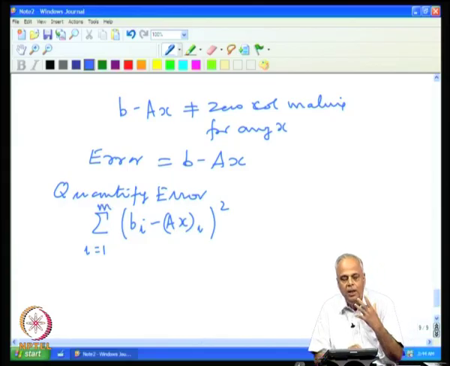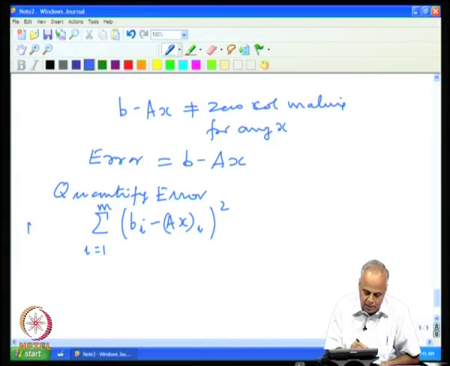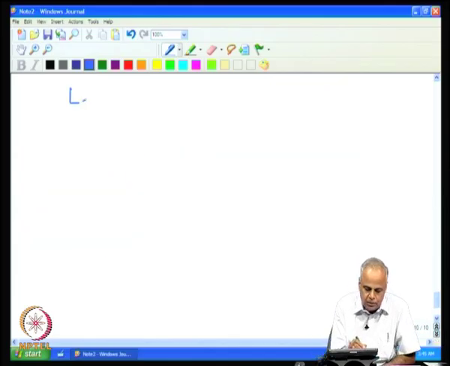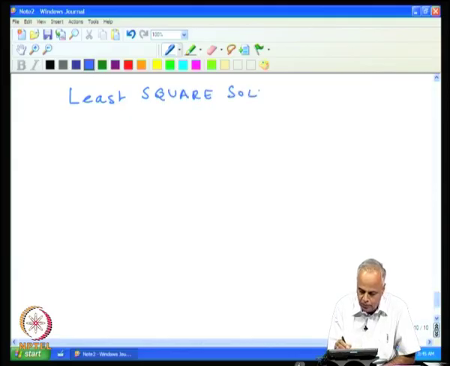This gives us the square error from each term added together in the entries of the error vector. Now, we would like to minimize this quantified error. So, can we do it? We shall see later that this is possible, and this leads us to the notion of the least square solution.